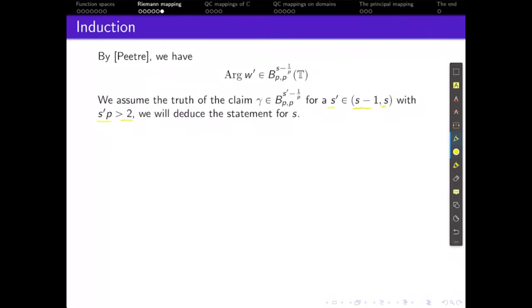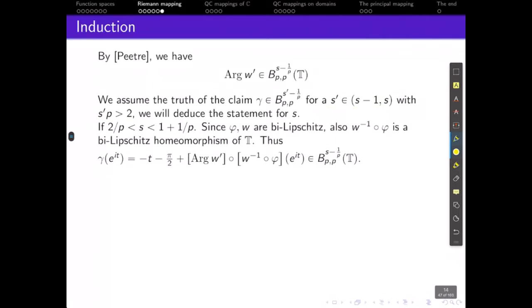There is always such an s prime for every s that we consider. We can always find an s prime that satisfies these properties. Now, first case, the basic case, if s is between 2 over p and 1, in fact 1 plus 1 over p, it's still valid.